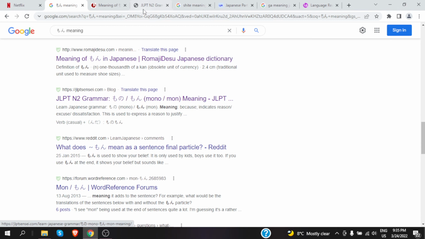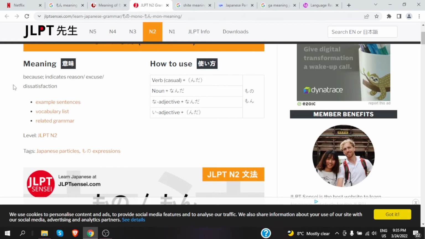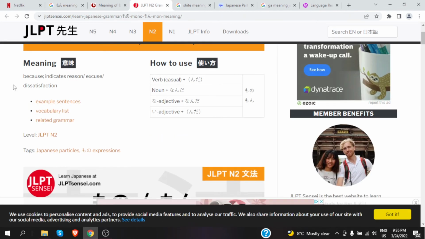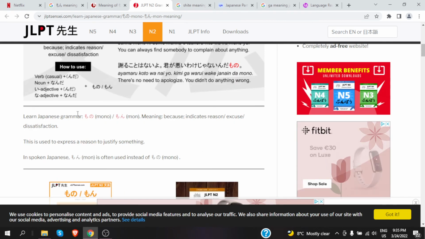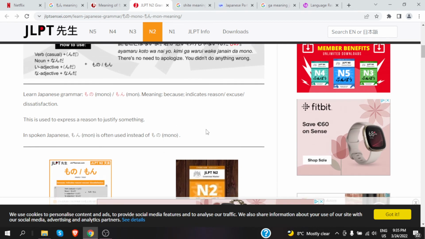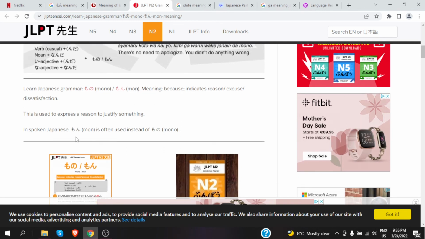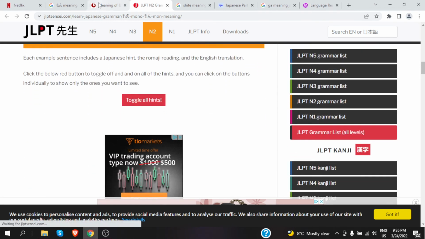What was that? This one. In spoken Japanese, mon is used instead of mono. Let's look at one more.